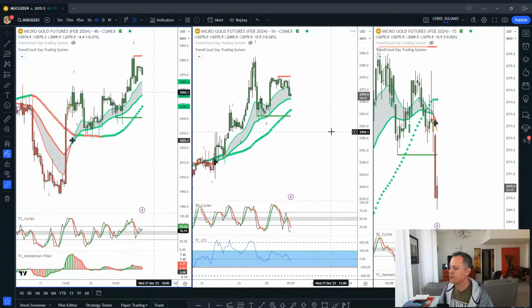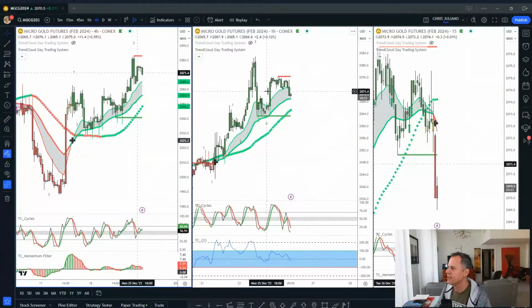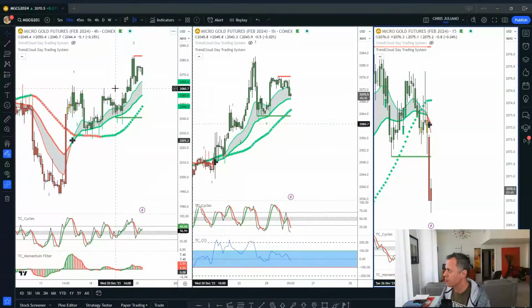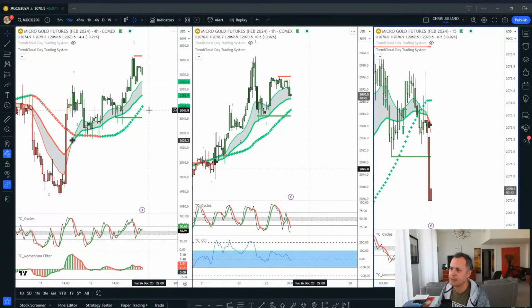Okay, what's going on with gold here? Obviously, we've got this uptrend on the 1 hour and the 4 hour chart. And let's see here. We are cycling up. Momentum is down.